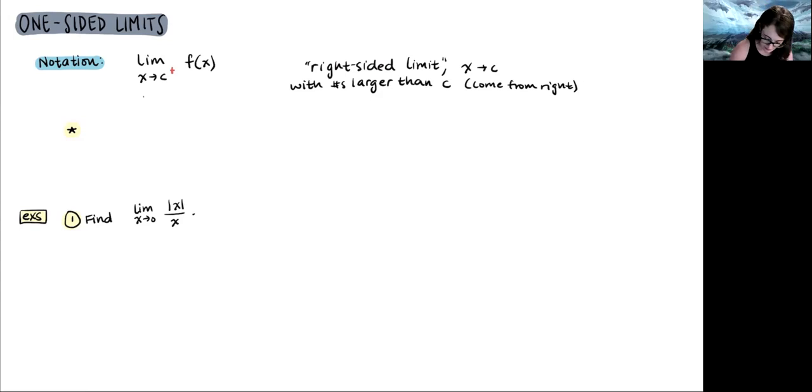In the other case, when we have a left-sided limit, we put a minus, again in the superscript, up in the exponent position next to the c. This is called the left-sided limit or the left-handed limit.